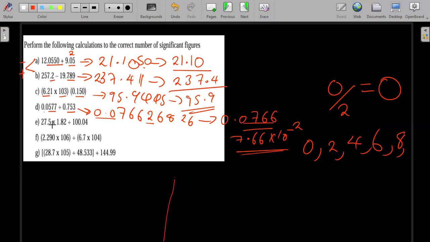So let's go here. Now we are multiplying these numbers, and then we divide. What are we getting there? So we do 27.5 times 1.82, then we divide by 100.04. What are we going to get there?